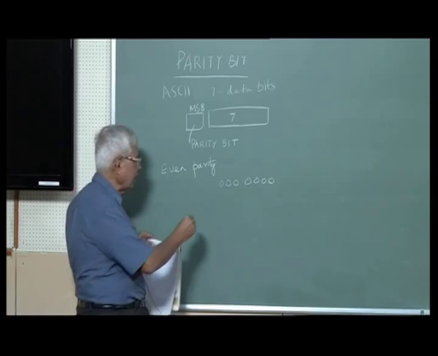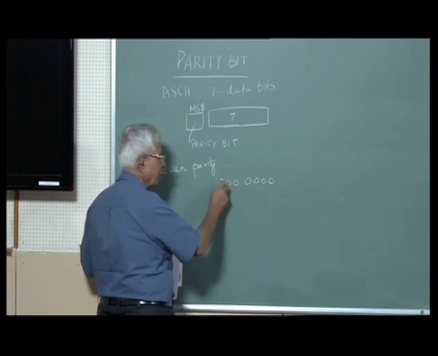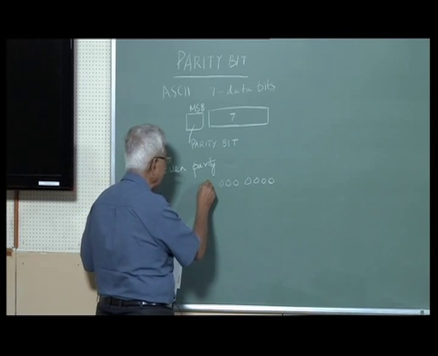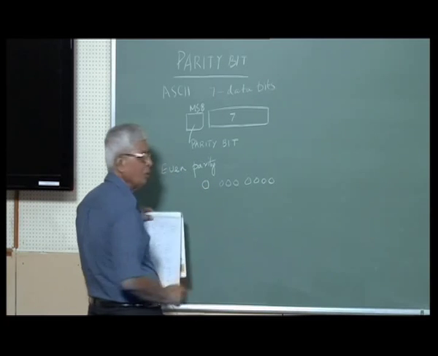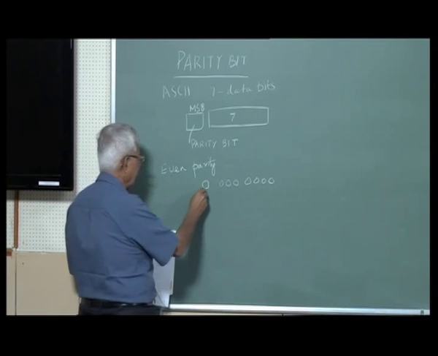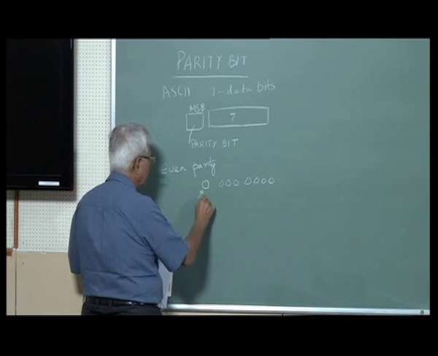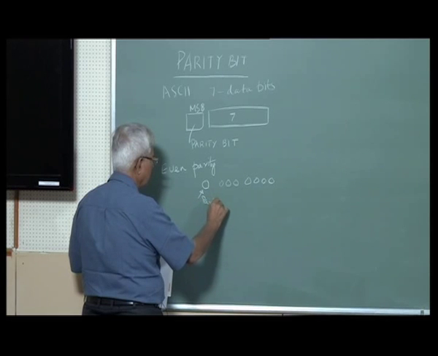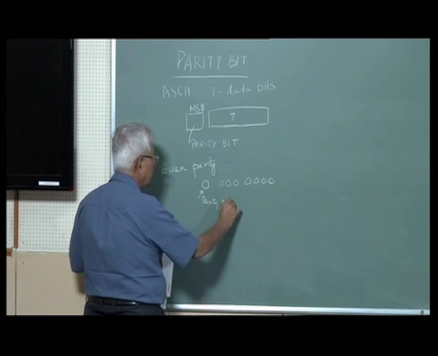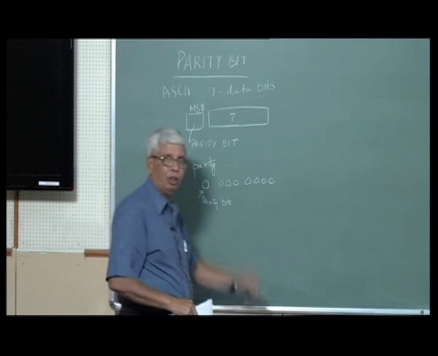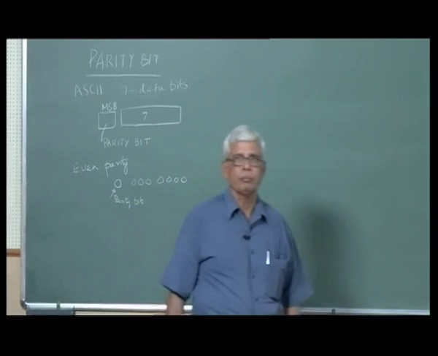So since there is already an even number of ones, I add another 0, and this becomes the parity bit. The total number of ones in the bit stream is 0, which is even.